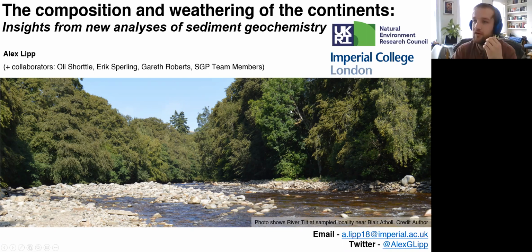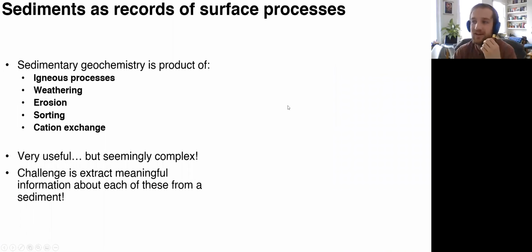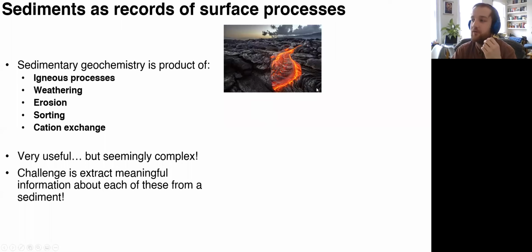So today we're going to be talking about sedimentary geochemistry. Sedimentary geochemistry is a really incredible resource because it is linked to a whole bunch of different earth processes. Fundamentally, it's a product of igneous processes, in that sediments are the weathering products of igneous rocks.